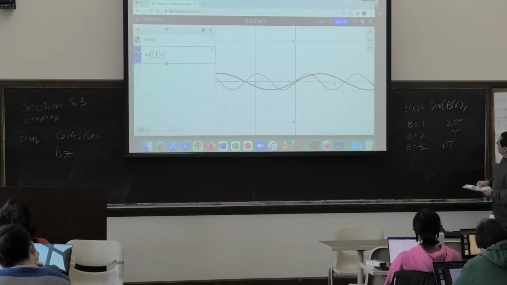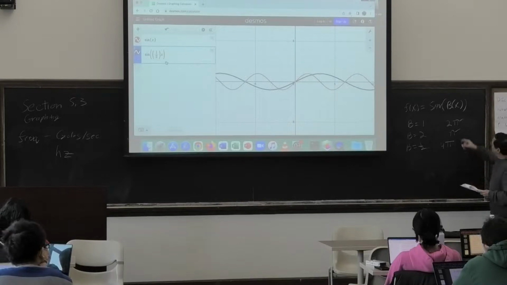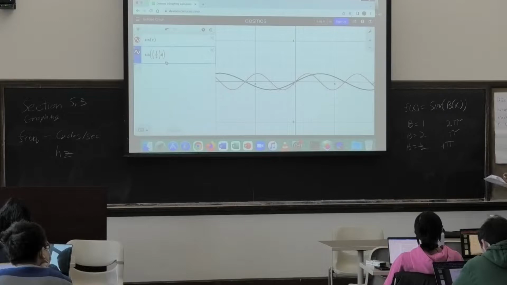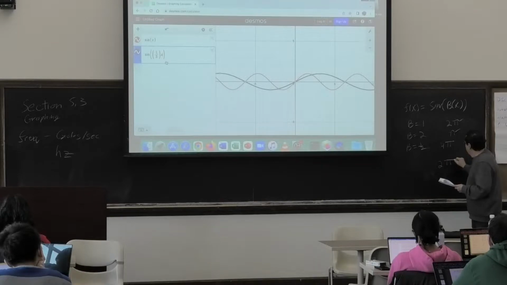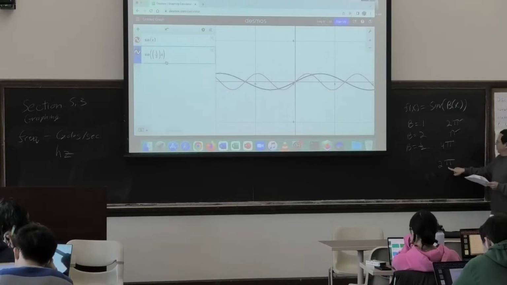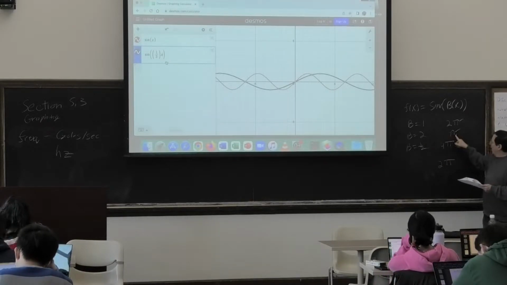So what's the relationship of b to the period here? Little thought experiment. Somehow related to 2 pi, right? When it's 1, it's 2 pi. When it's 2, it's pi.